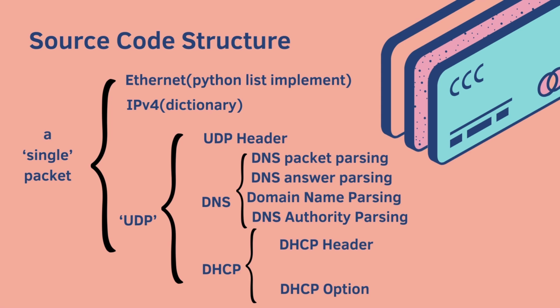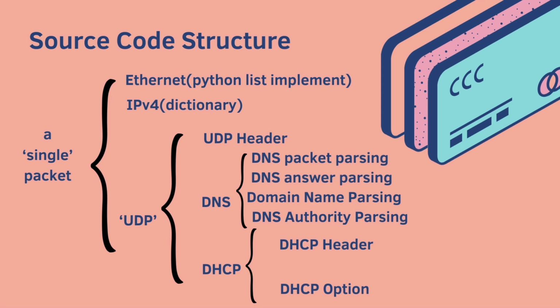The UDP header is easy to address, but DNS is the most tricky thing. Considering its complexity, we use DNS packet parsing to control the whole DNS packet in its header, DNS answer parsing for its question and answer, domain name parsing, and DNS authority parsing, which actually shares a similar structure with the DNS answer parsing and domain name parsing.